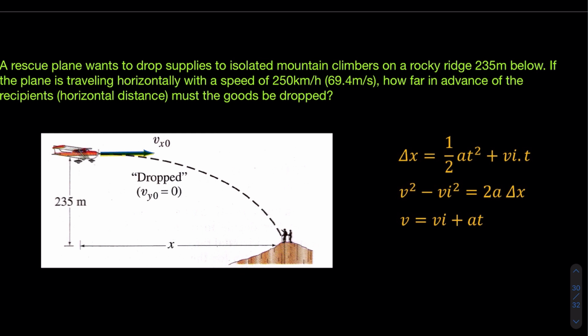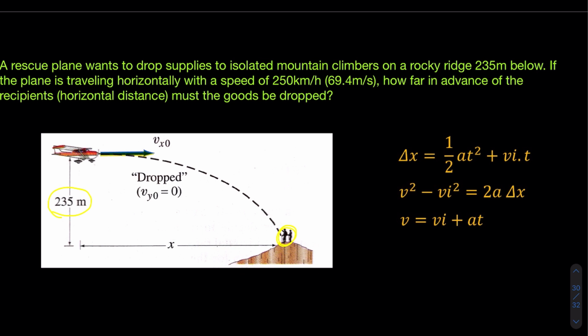In this problem, there is a rescue plane flying at an altitude of 235 meters above two mountain climbers. The rescue plane wants to drop supplies so that they can land by these two mountain climbers.